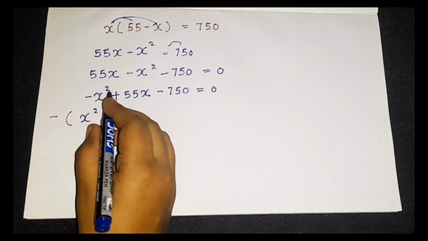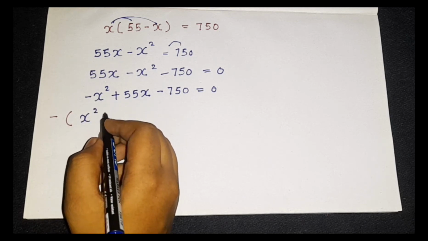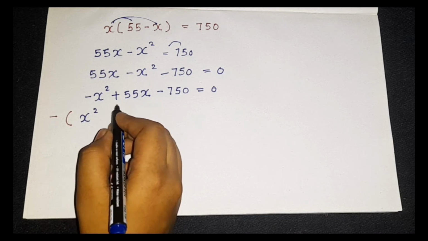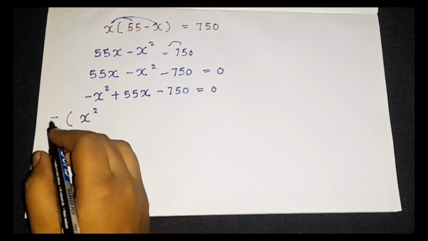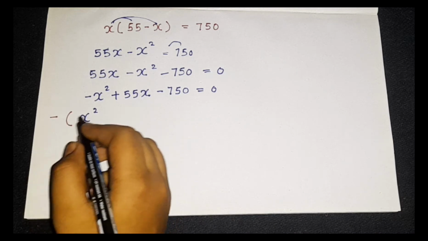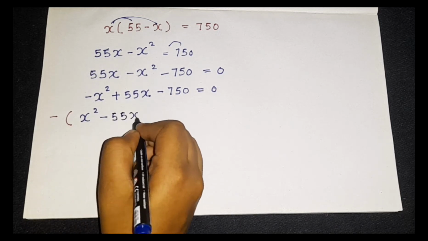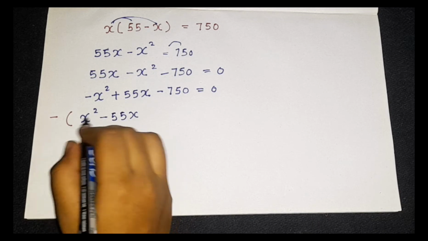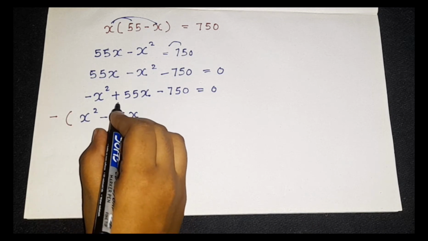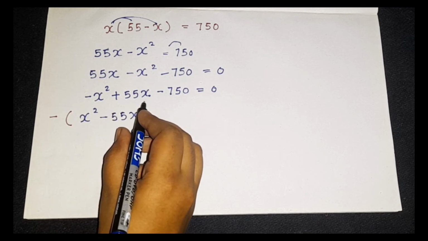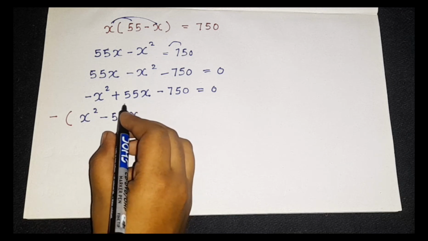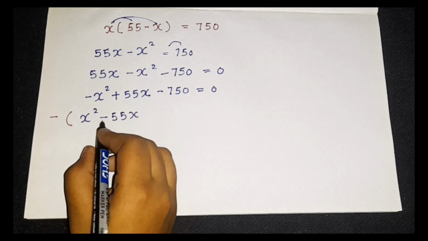We got the above value, that is minus x square, okay. Next one we have plus 55x. Already we have a minus sign at first, so we are going to be taking minus 55x. Why? Because minus into minus is plus, so we got plus 55x, the above value.